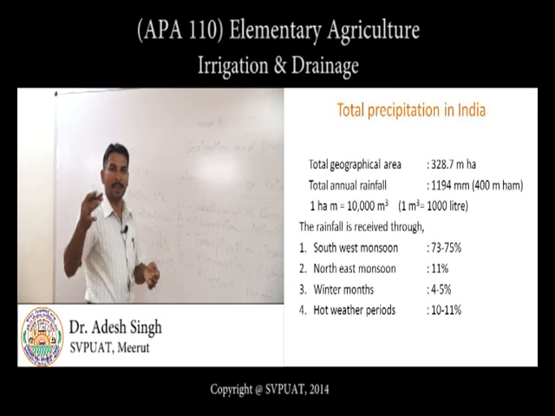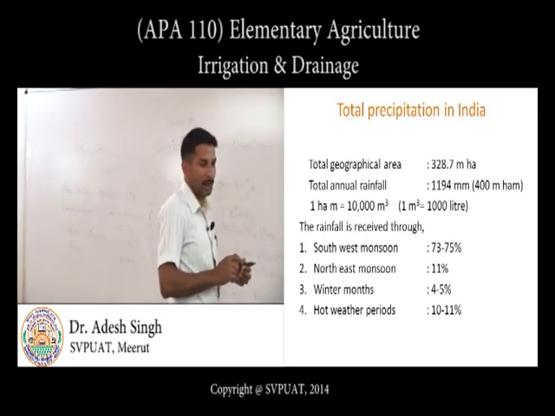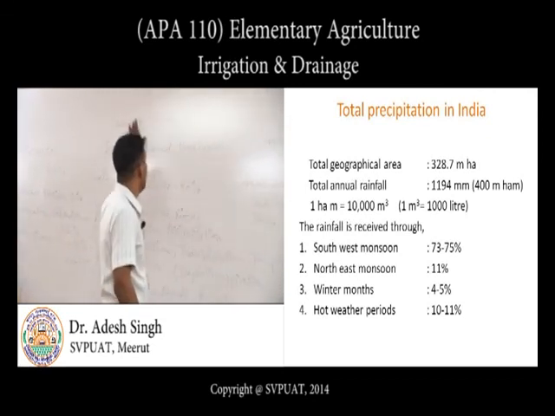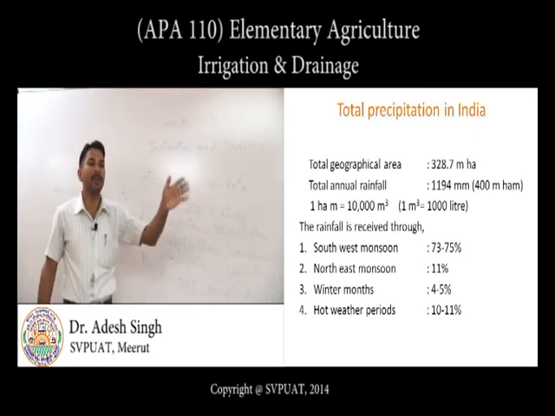Clear? But in temperate countries like the European countries, the extent of rainfall is less and ice is more, for example.